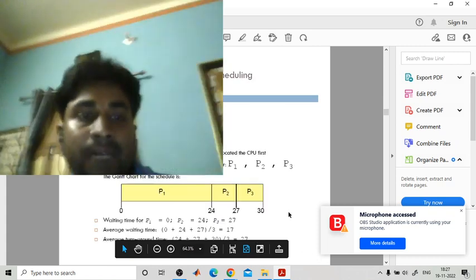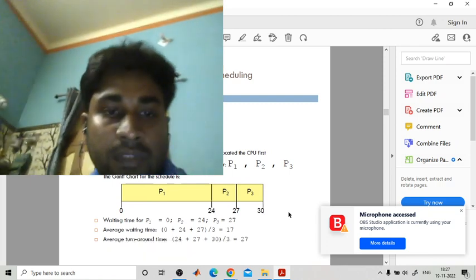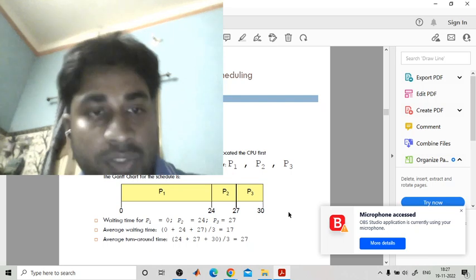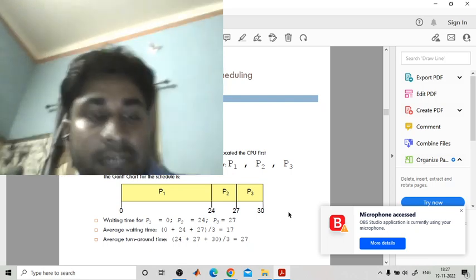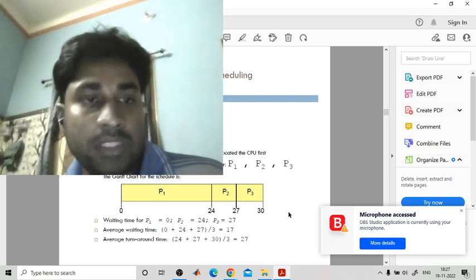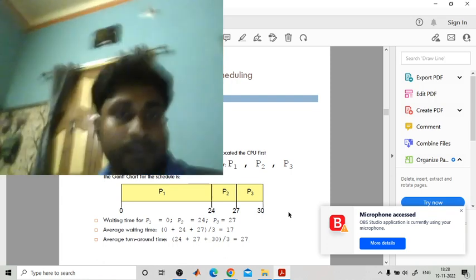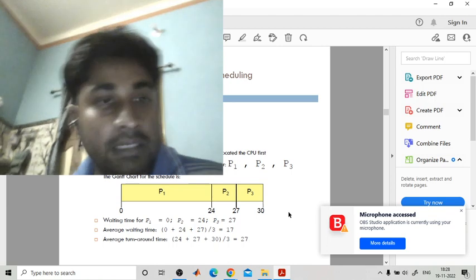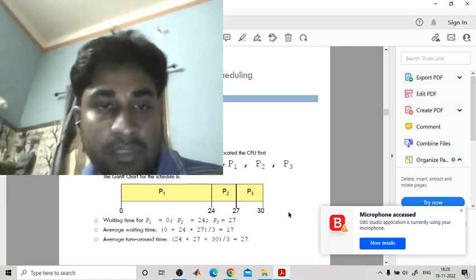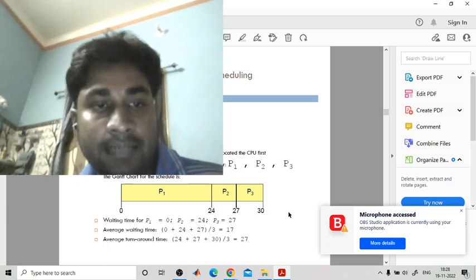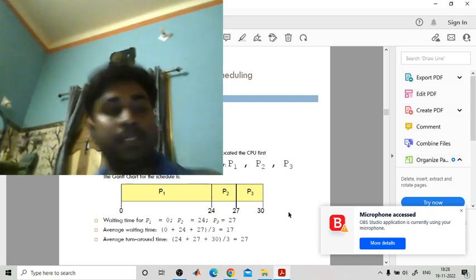Now, in the first come first serve algorithm, one example you can see here, and some other examples you can see later also. In the first example, process P1 is here, whose burst time is 24. P2 is here, whose burst time is 3, and P3 is here, whose burst time is also 3.